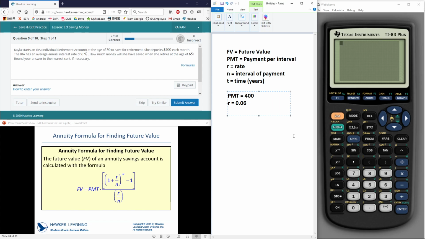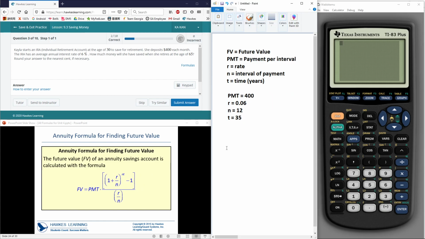But anyway, let's look at the numbers. N is 12 because you're making monthly payments, so you're making 12 payments per year. And let's see the time. T equals 35. He started out at 30 years old, so 65 is when he's going to retire. 65 minus 30 is 35. So there you go. Take those numbers and plug them into this formula.